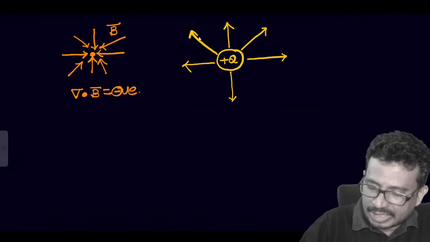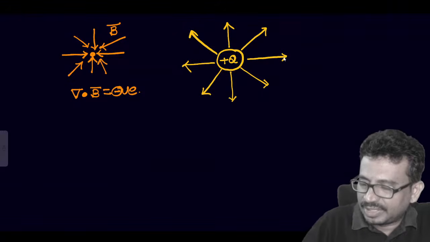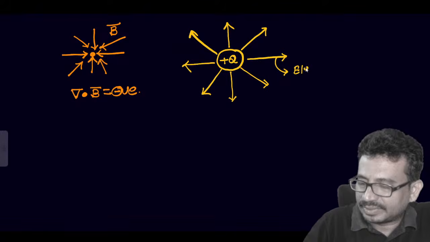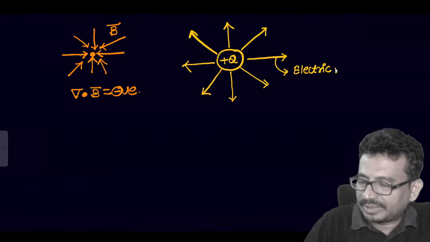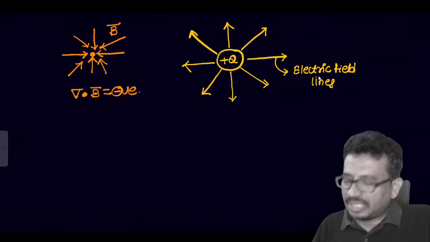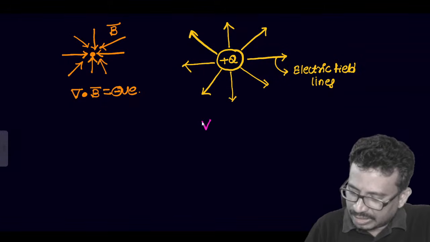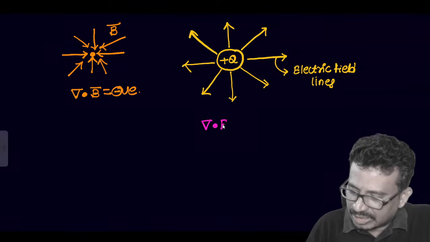These are called electric field lines, or flux lines. So this electric field lines or flux lines have a leaving nature, a spreading nature.